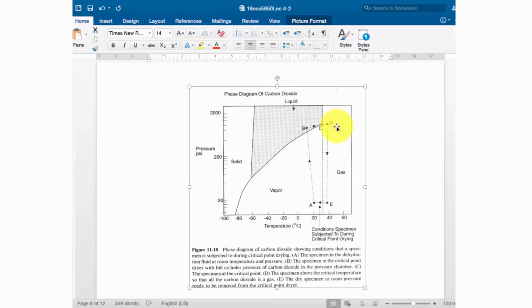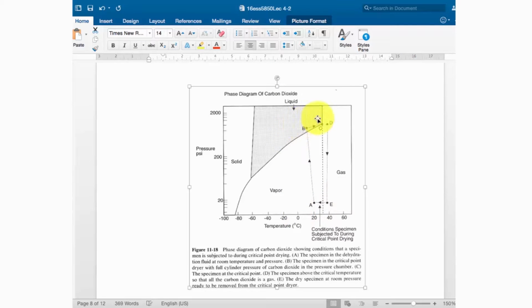Then we drop the pressure. When we drop the pressure, the mixed liquid-gas type of carbon dioxide becomes gas again, so it will evaporate out of the bottom of the cantilever beam.